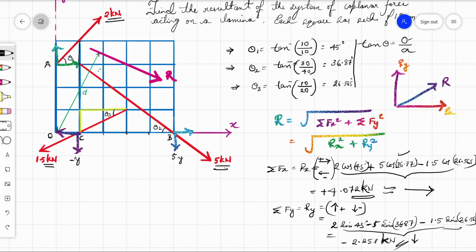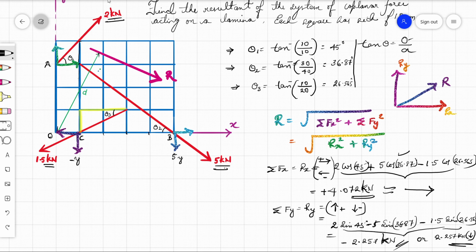So next to the force we have to draw or write that it is downward. You have an option: either write minus 2.257 kilonewton, or 2.257 kilonewton with downward force in brackets. The force is not negative; the negative sign just indicates the direction.